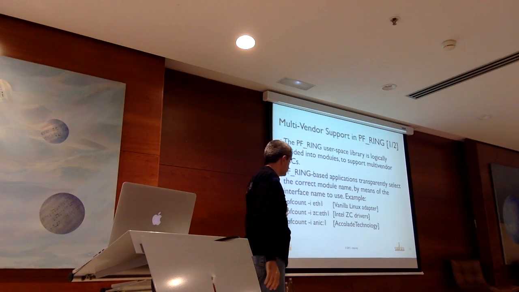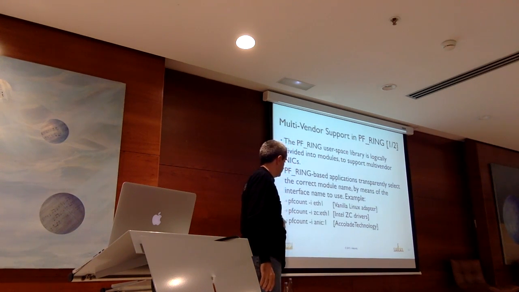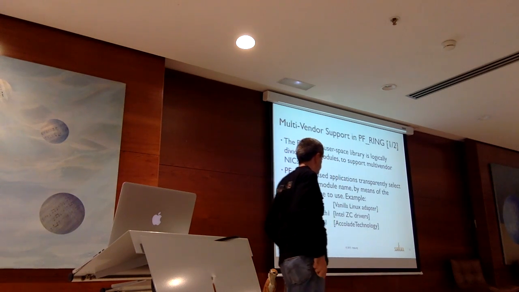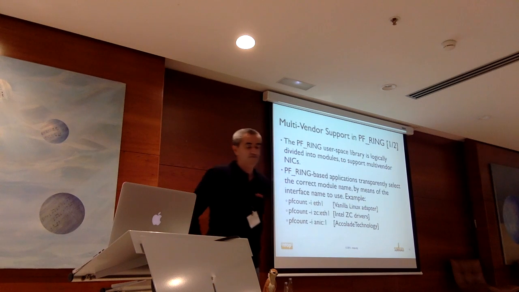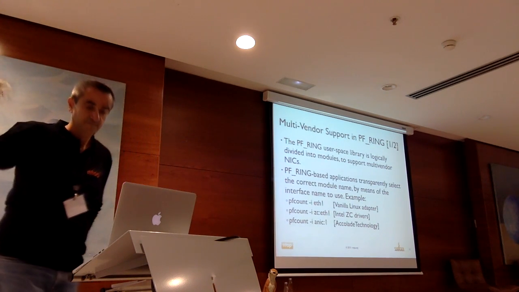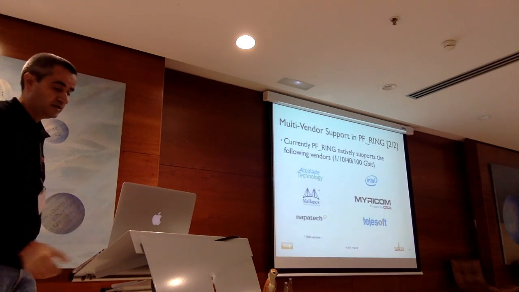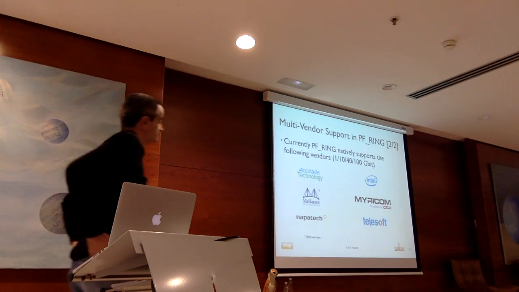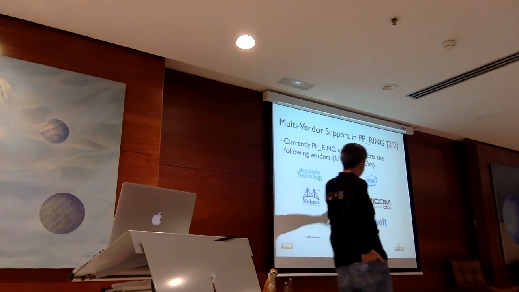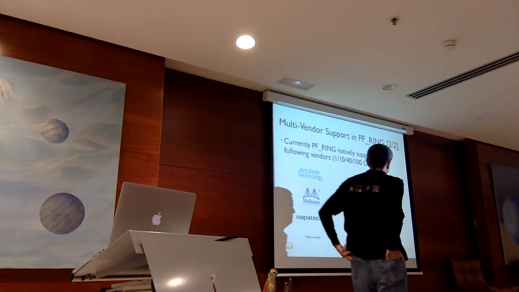10G. And we can do the same with FPGA-based adapters. This is an example, a card from Apple Technology, one of the sponsors of this conference. So you see, with -i you put a different name, and that's it. At the moment, we support a few NICs besides Intel, that was always supported.